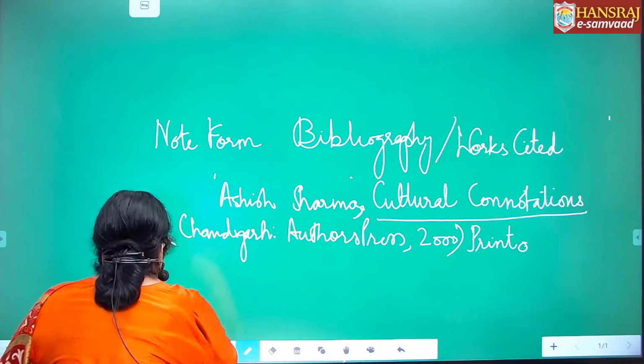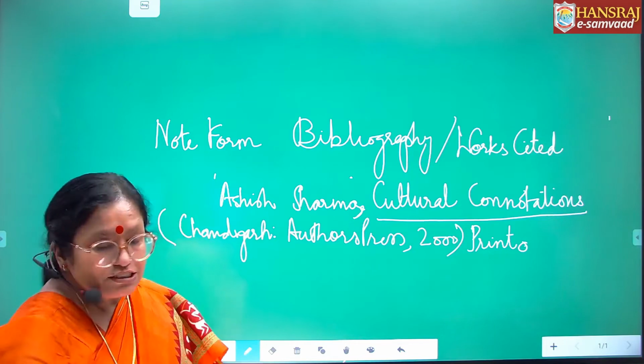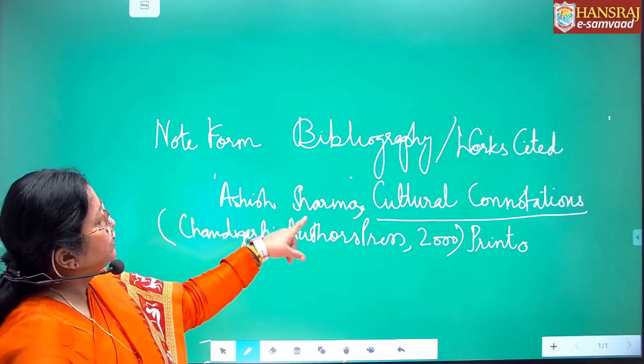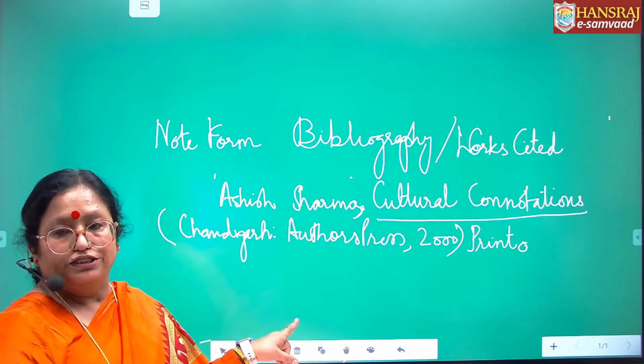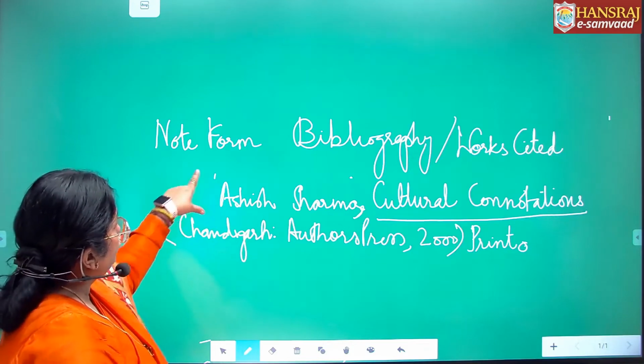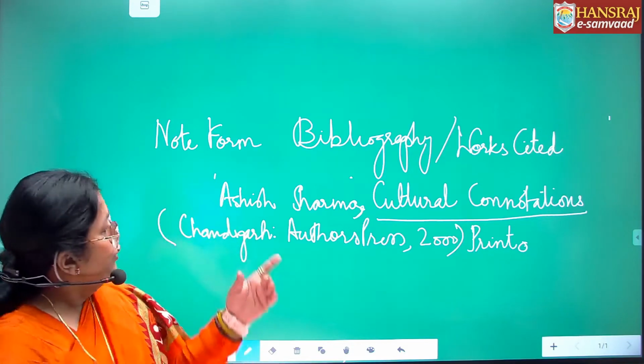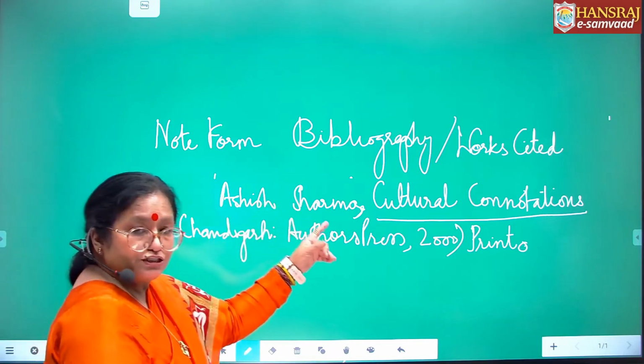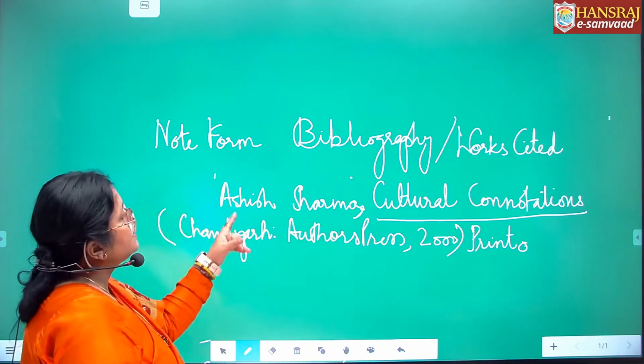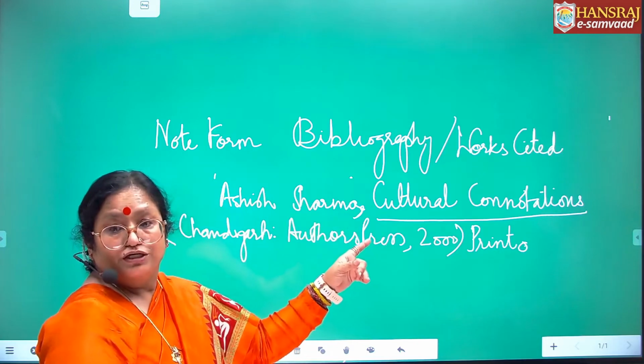So in the bibliography, what is done? The name of the author is in reverse order, and this is note numbering, and there it is alphabetical order. So Ashish Sharma, and there is another Ashish Agnihotri, right?